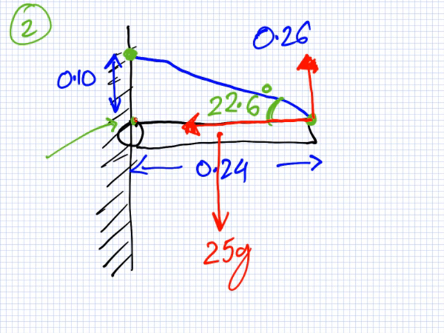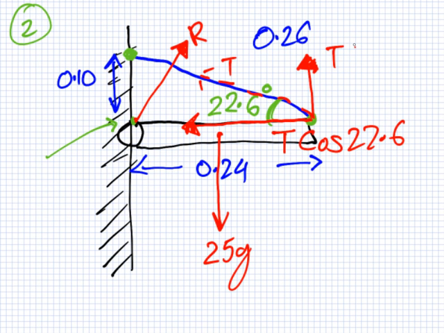And then there's a reaction here, and of course there was the tension here, which is T. So this one here is T cos 22.6, T sine 22.6.